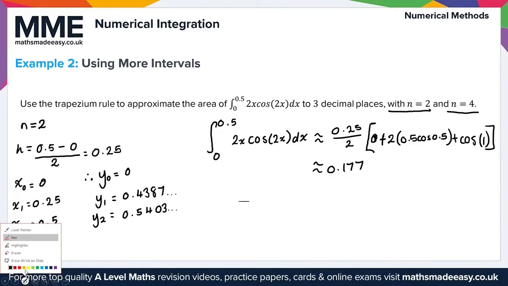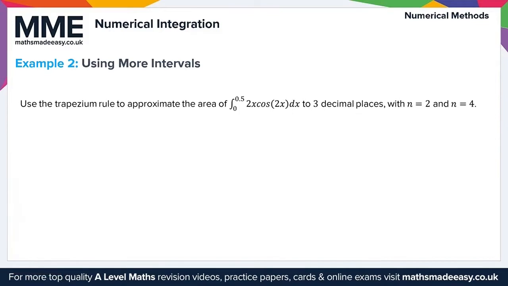We clear all this, but make sure you take a note of what we got. Let's repeat this for n equals 4. Again, we just calculate h. So h here will be 0.5 minus 0, the upper limit minus the lower limit, divided by n, which is 4.